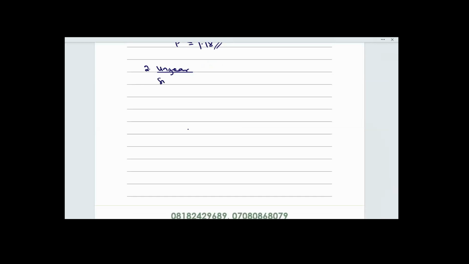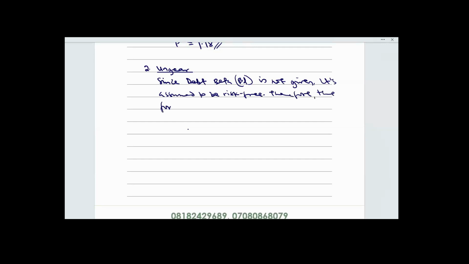Okay, let me put it down. Since debt beta is not given, it is assumed to be risk-free. Therefore, the formula below will be used to ungear.